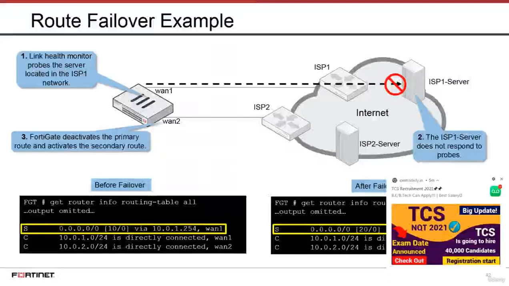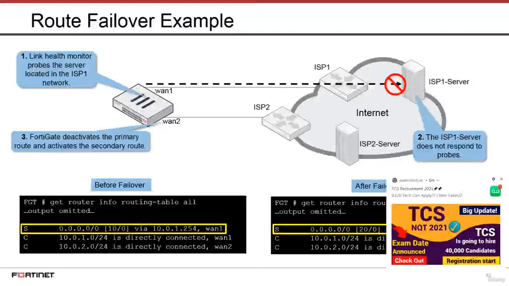The link health monitor probes the ISP1 server located within the ISP1 network through the WAN1 interface. When the ISP1 server does not respond to the probing attempts, FortiGate removes the primary route from the routing table. And because there is a second default route through WAN2, it activates it to route traffic to the internet.